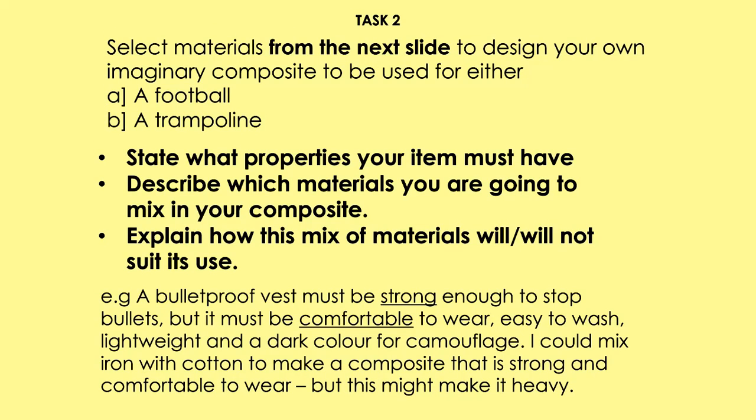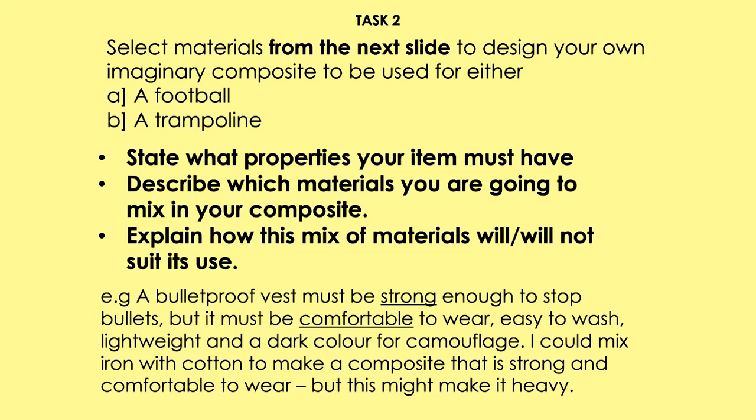For example, if your object was a bulletproof vest, then you'd say that it needed to be strong because you want it to stop the bullet, but it would also have to be comfortable because you need to wear it. It needs to be easy to wash. It needs to be lightweight because otherwise it's going to take a lot of energy to carry it around all day. And probably a dark colour for camouflage, although that depends on where you're going to use it.